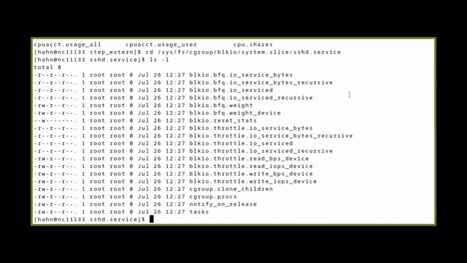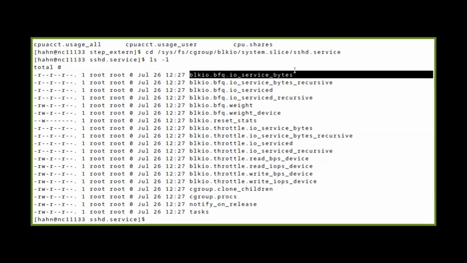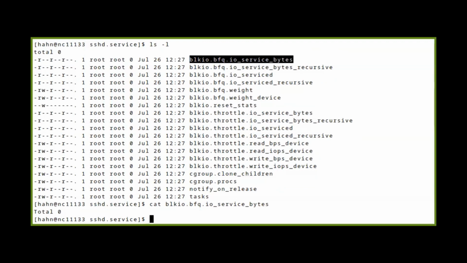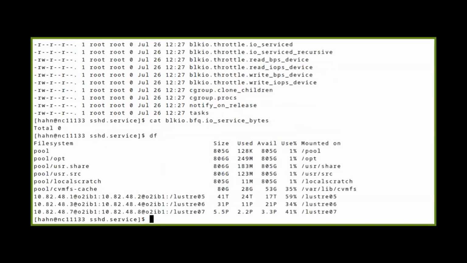And if you're doing I/O to the local SSD on a node, for instance, it would definitely show up here. So you could look at throttling. I think we don't have that configured, but we could. I think it's mainly just the block I/O service bytes that would be interesting, which is 0. I guess I could probably demo that.